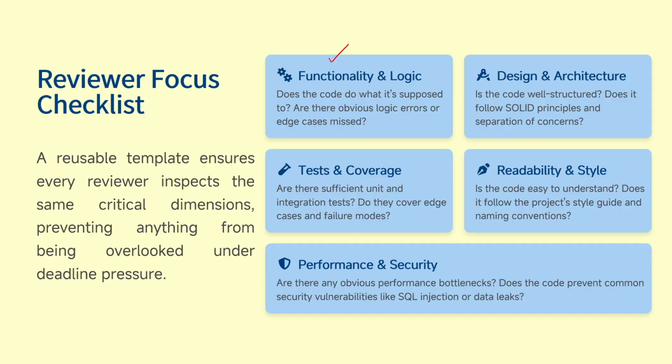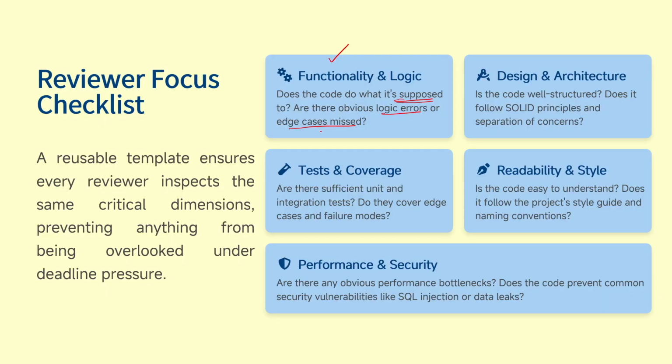Only if the functional requirement is satisfied can we think about the rest. Functionality with respect to that module has to be checked, whether the code does what it is supposed to do, whether there are any logic errors or any edge cases missed. Logic errors are very critical. That has to be checked for whether it is working correctly or not.